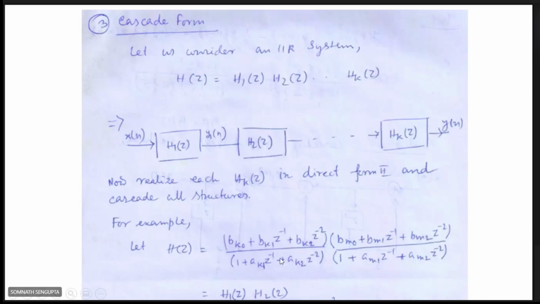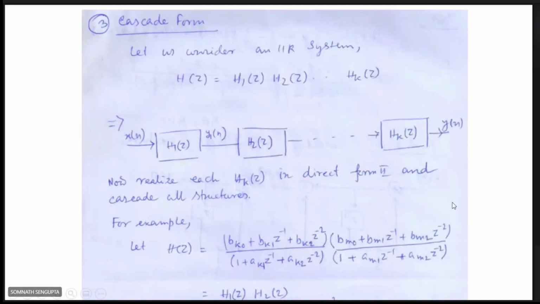You have to represent any transfer function in this form only, where it can be written as a product of two or 3 different transfer functions, and each transfer function will be represented in the form of direct form 2, that we have studied in the last topic. So each transfer function further will be represented in terms of direct form 2.